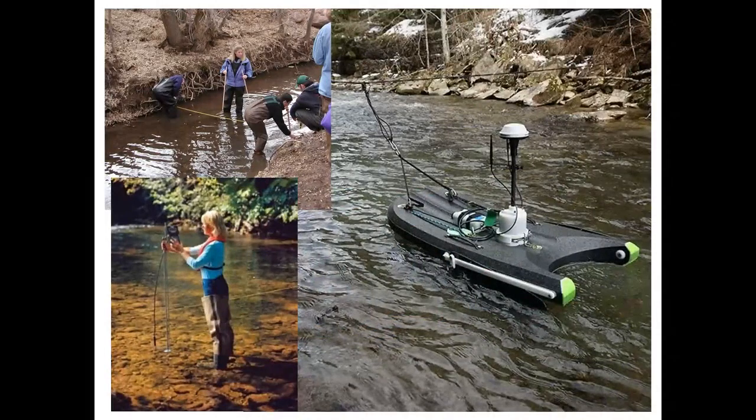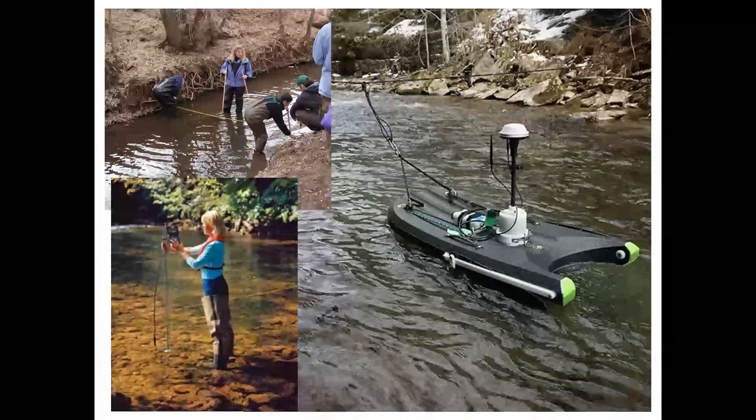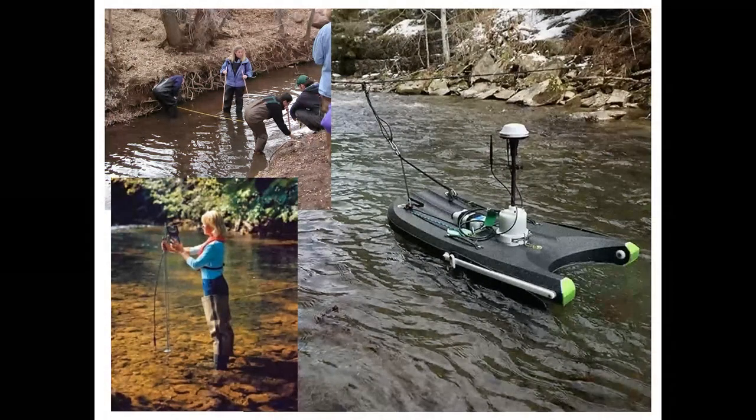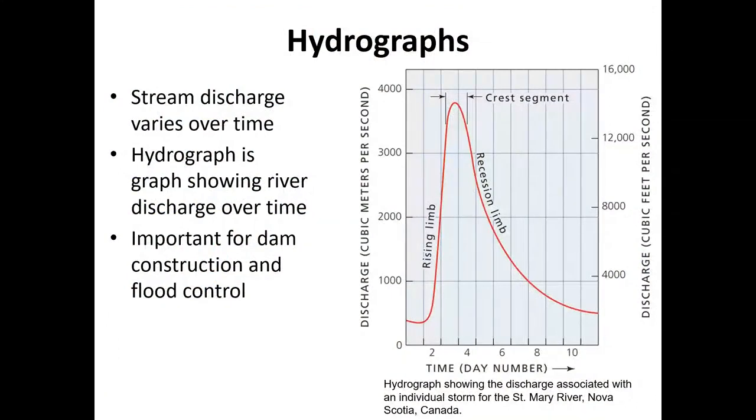You just have a little computer and a rope, and then the little raft with the measuring device sits on top of the river, and you can program it to measure at different depths and so on. So not as dramatic as the previous picture. Sometimes you can just stand in the water and take measurements while you're standing in waders. So modern technology is not as interesting as it used to be to take water measurements.